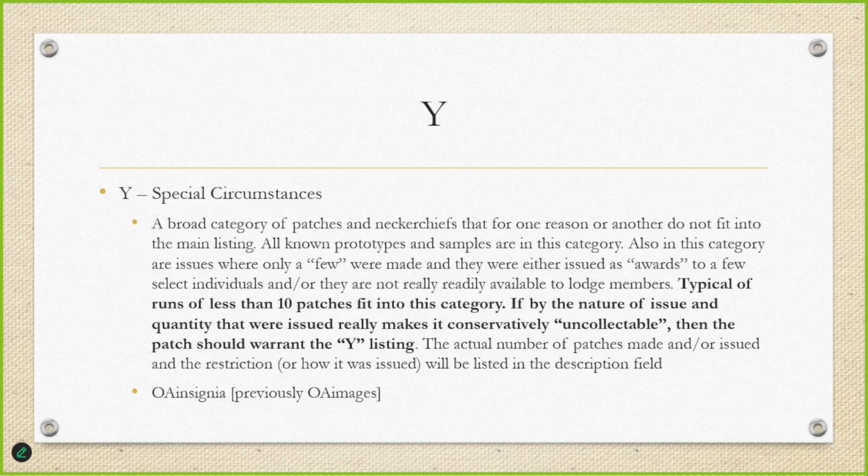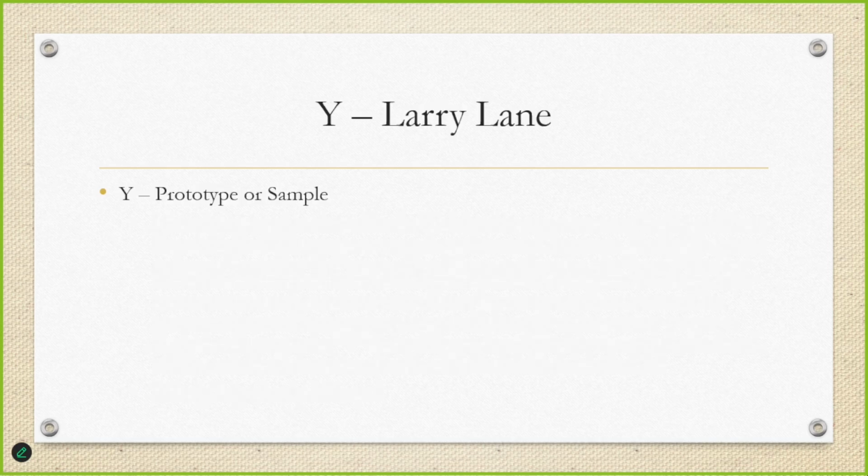The whole point of having this stuff categorized should be to make it easier to bring in new collectors, to expand on the hobby. That should be our focus. This is too confusing. The way I have listed Ys for my lodge, the only thing I've listed are items that I would consider to be a prototype or a sample, period.